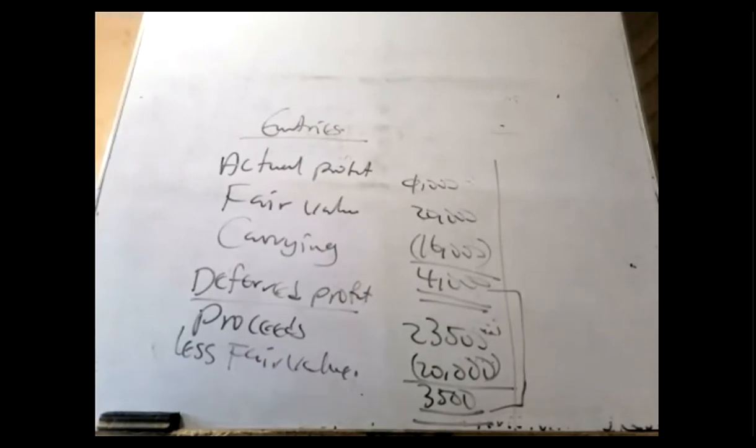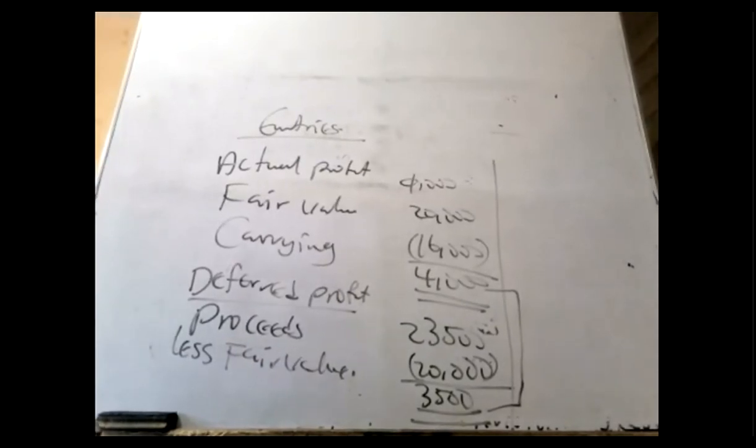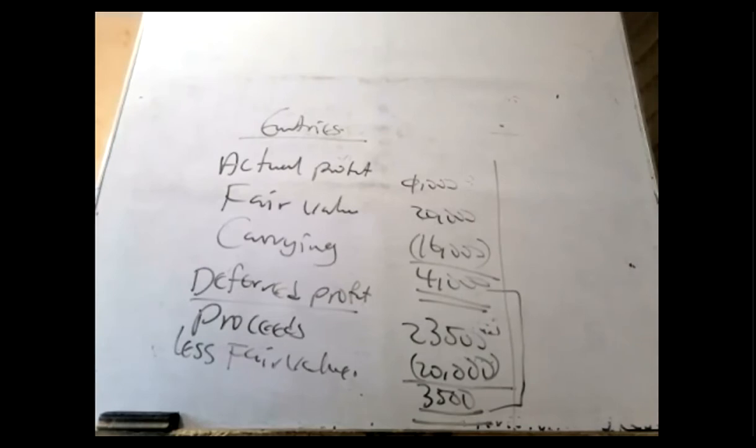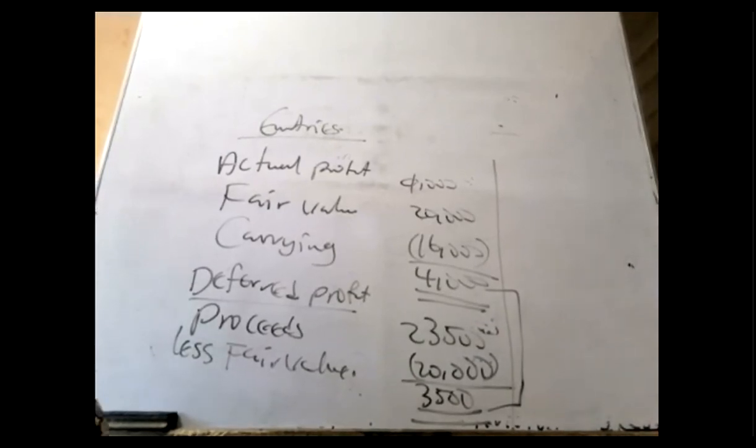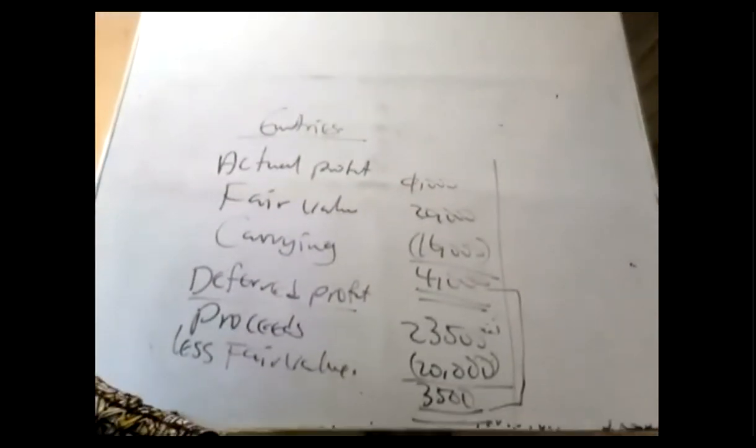So the 7,500 was credited to the P&L. So I have to debit it by taking it off. And then credit other income of 4,000, and then credit deferred income of the 3,500. And that is all. So let's see the entries. So the entries will look like this.